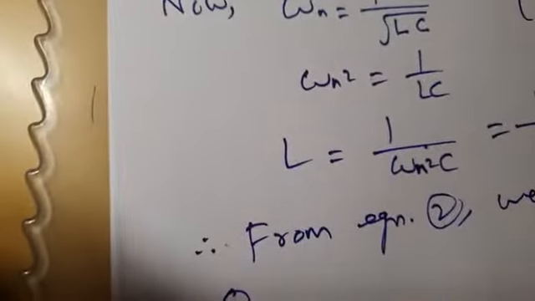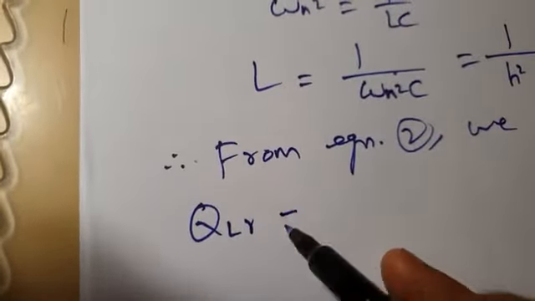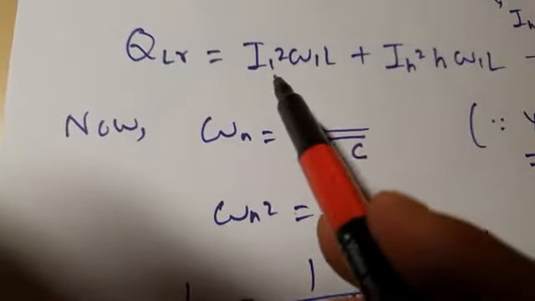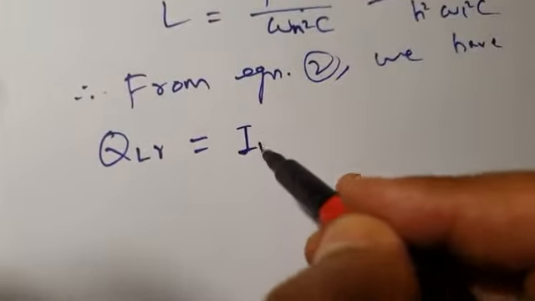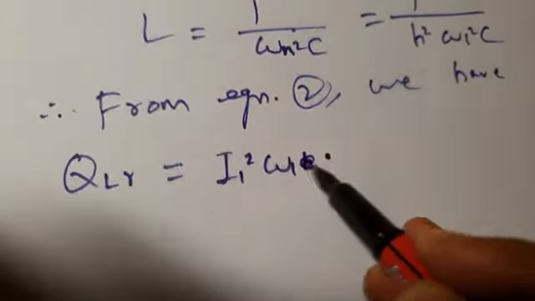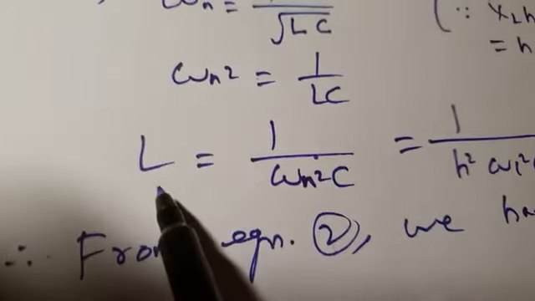The reactive power absorbed by the inductor, the tuned inductor, is given by: first term is I1 square omega 1 L. So I1 square omega 1 into, what is my L?